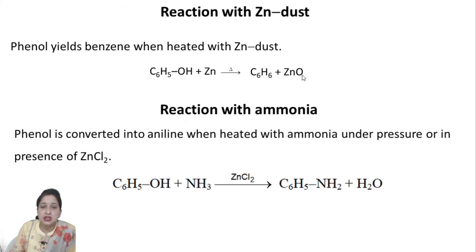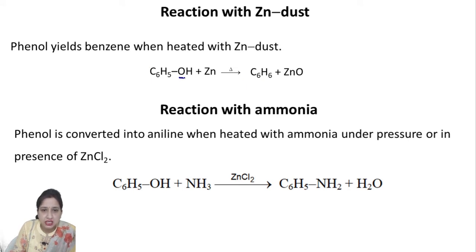Next is your reaction with zinc dust. So if we treat phenol with zinc and heat the mixture, then it is found that this phenol is reduced to benzene ring.